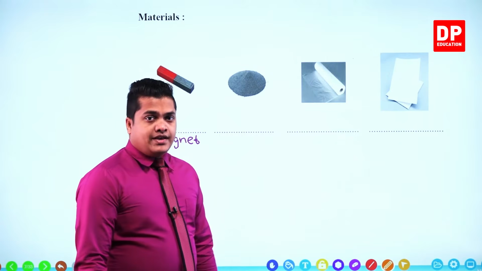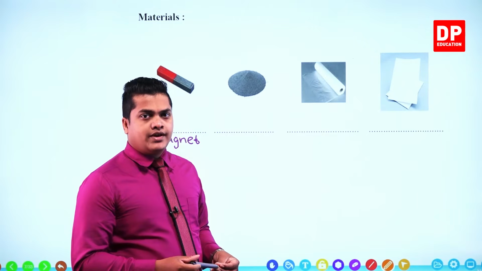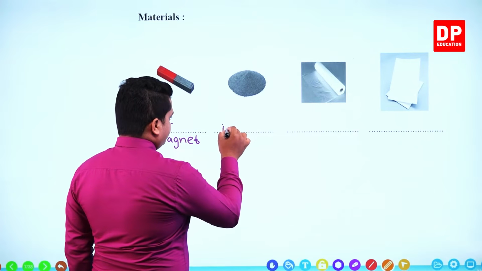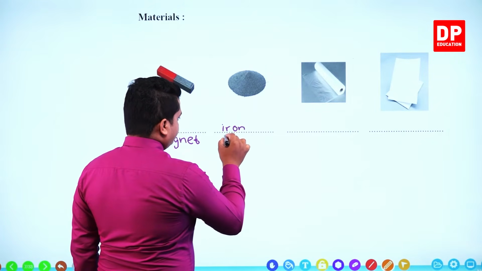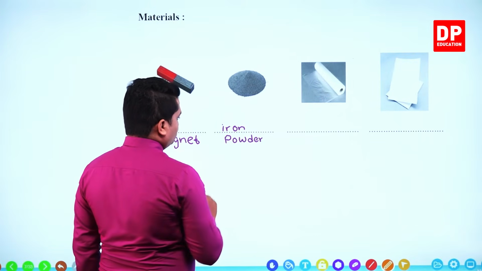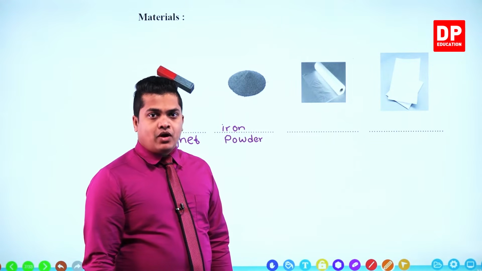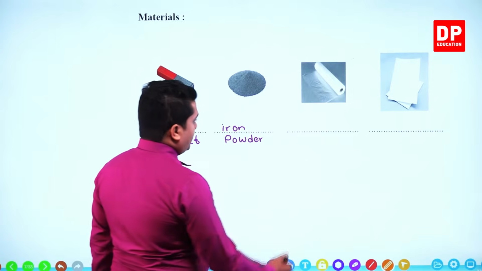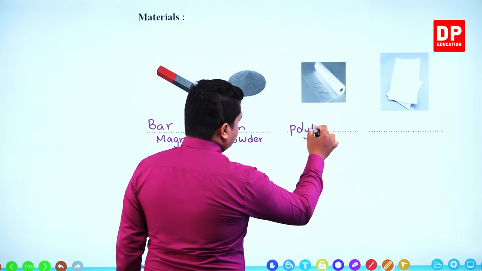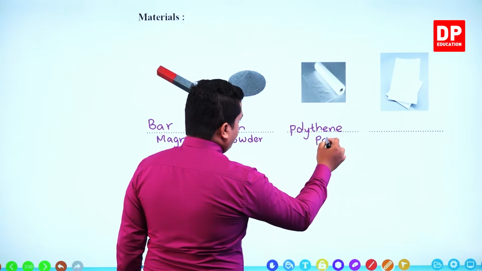And you will need iron powder, which is also called iron filings. Next, a polythene paper.